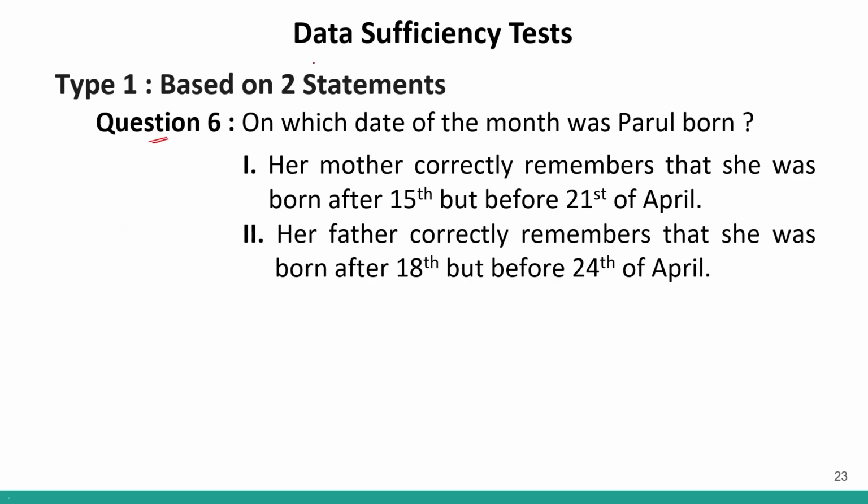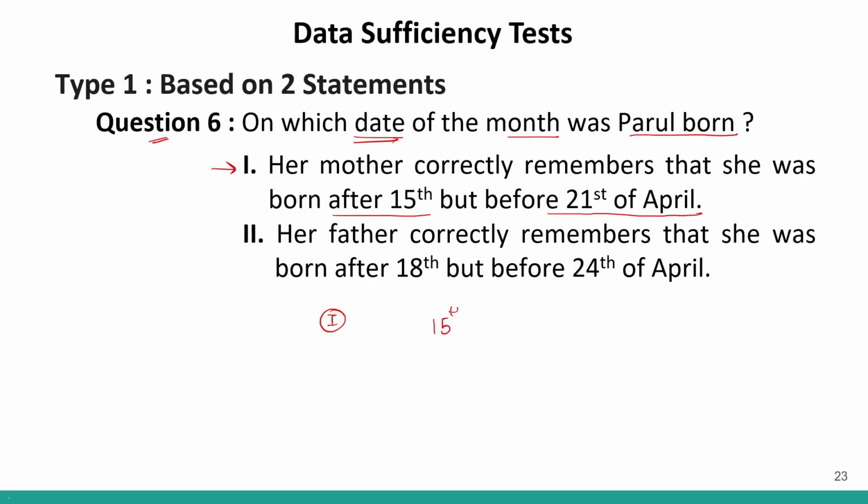Question number 6, we have to identify on which date of the month Parul was born. We have to identify the exact date of the month on which Parul was born. Let us take statement number 1. Statement number 1 says that Parul's mother correctly remembers that she was born after 15th but before 21st of April.